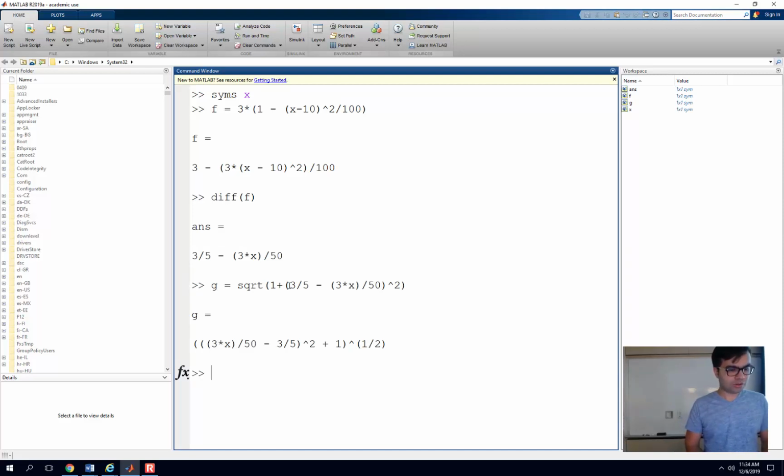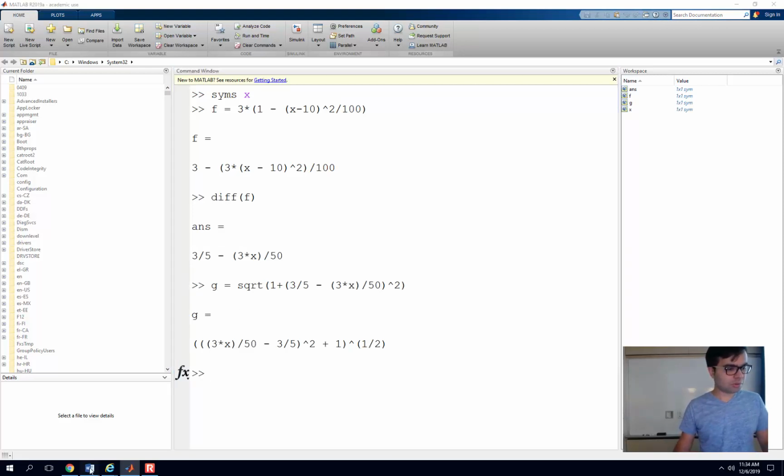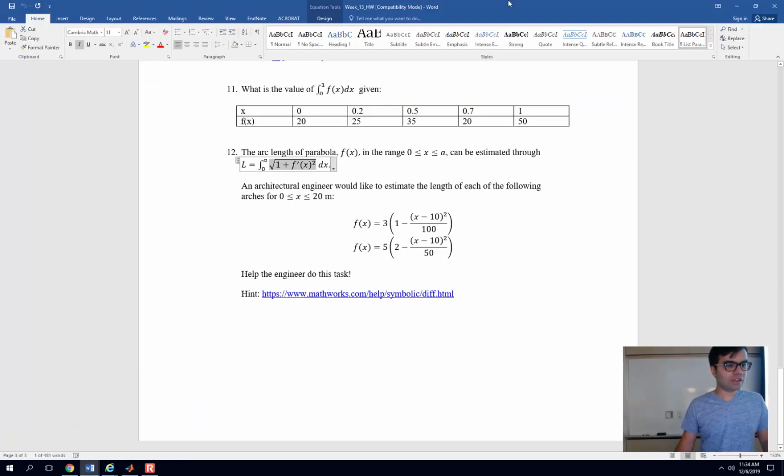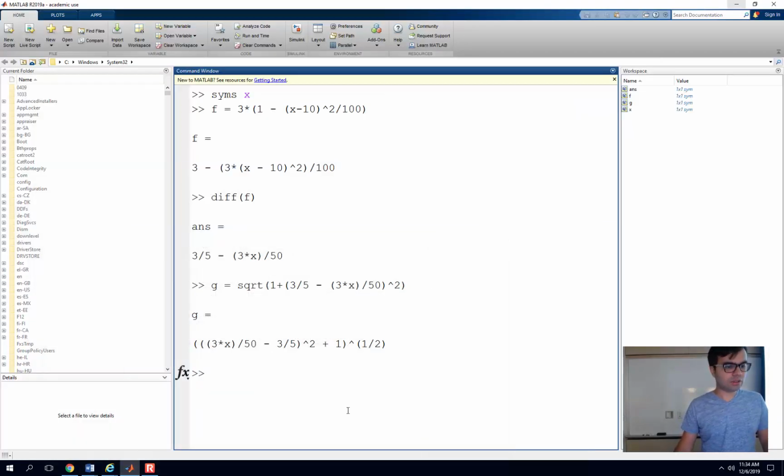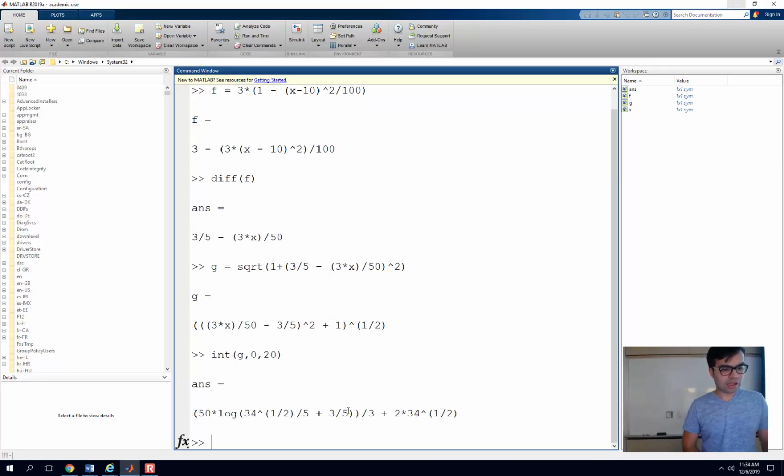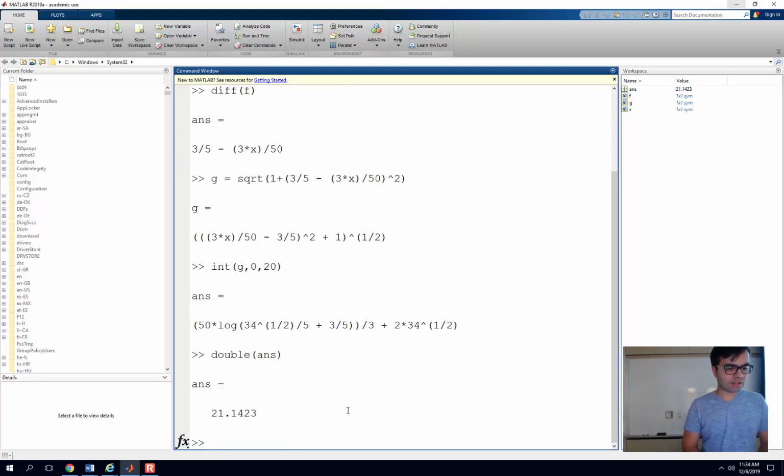So that's my function g, which is basically this function within the integral. It goes between 0 and a, so int of g between 0 and a is 20. That's the length. And since this is a symbolic value, it doesn't really make sense. So I use the function double to change that answer into a real number. So that's how we use the analytical solution.